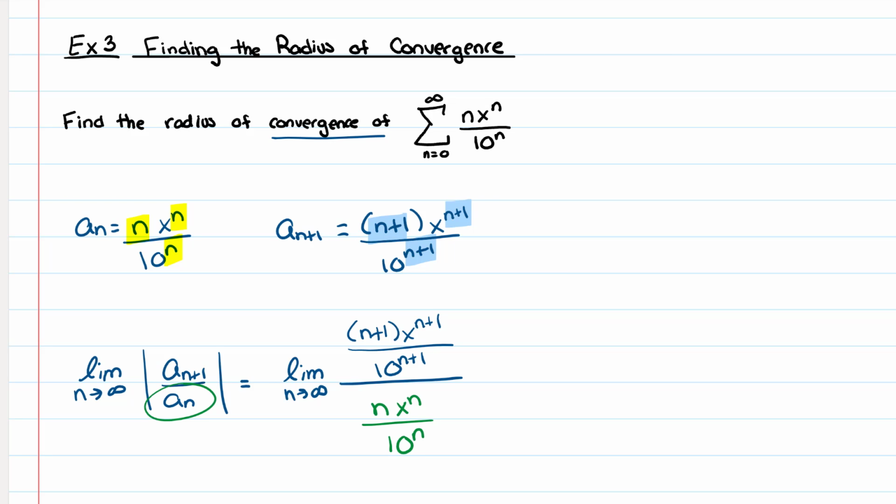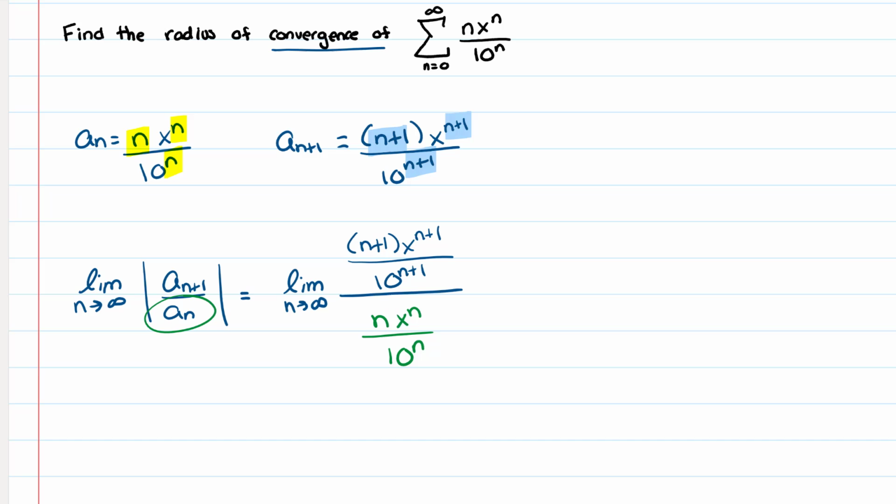So now we got fractions within fractions, we got exponents rolling around, so we're going to do a little bit of work and clean this up. So this is the limit as n goes to infinity. Now let's just focus in on this top piece. This is going to be n plus 1 times x to the n times x to the 1. So what I'm doing is I'm splitting up that power, and I'm going to do the same thing in the denominator.